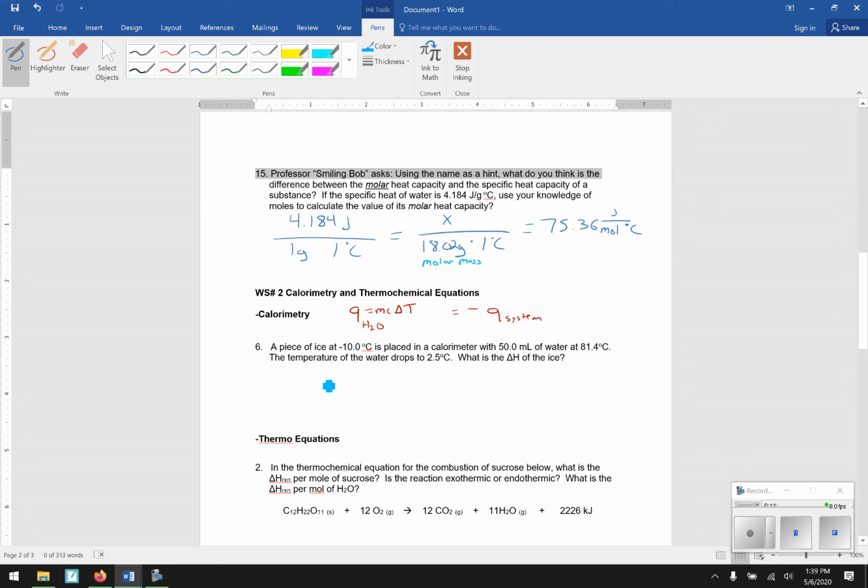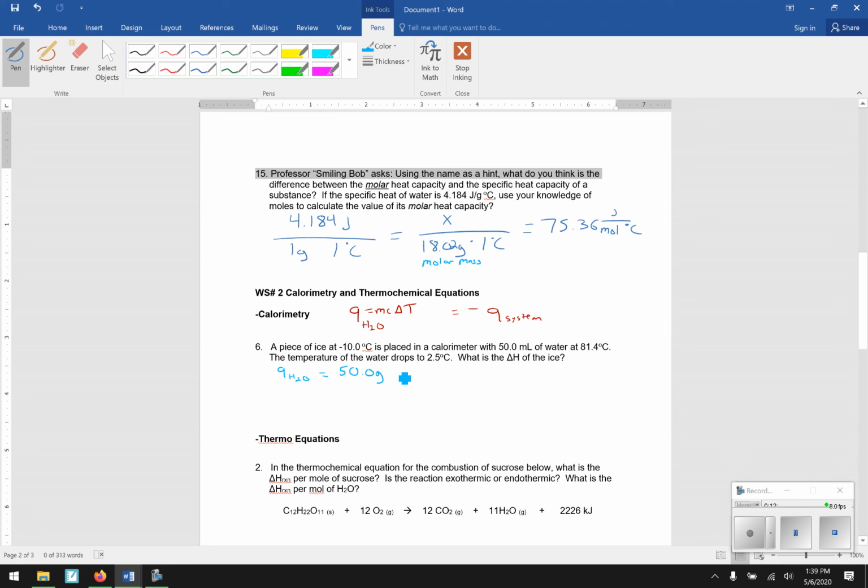So if we have the piece of ice at negative 10 degrees Celsius, that doesn't matter for our calculations. We need to find Q of the water. So Q H2O equals the mass, Q equals MC delta T. So the mass of the water is going to be 50.0 grams of water. Again, water, we assume 1 gram per milliliter. That's the density of water.